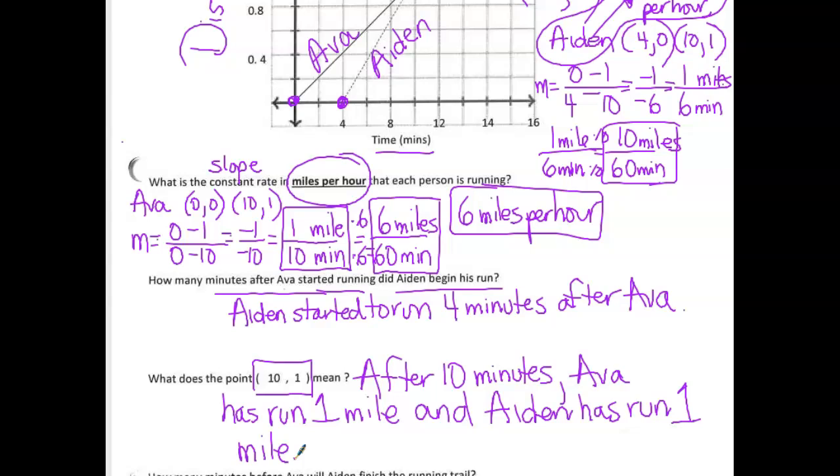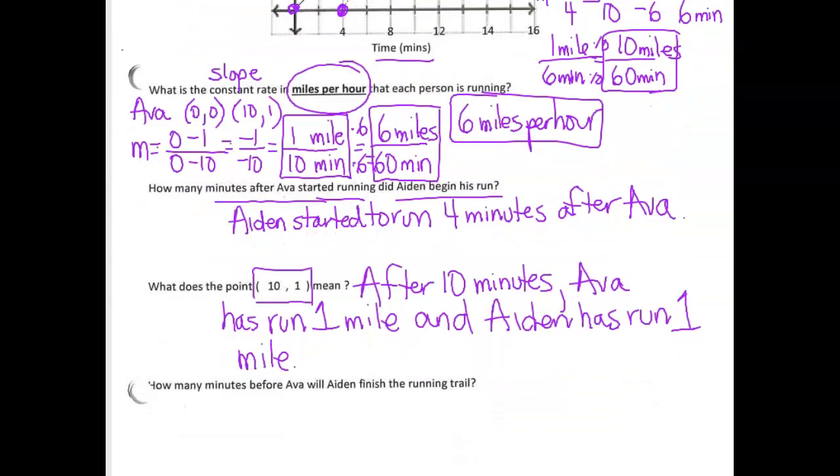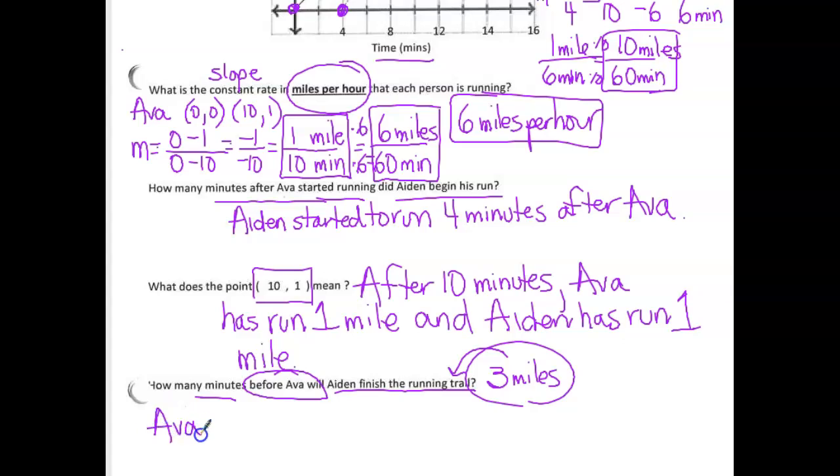And then the last question says, how many minutes before Ava will Aiden finish running the trail? So you have to know how long the trail was. At the beginning it said the trail was 3 miles long. You have to use that information. So I'm going to go over here to the left. Ava, she goes 1 mile in 10 minutes.